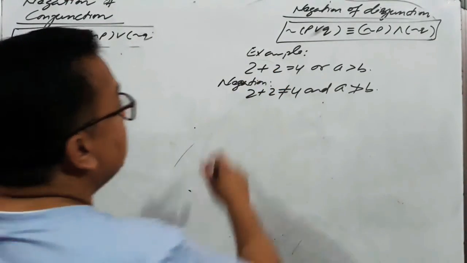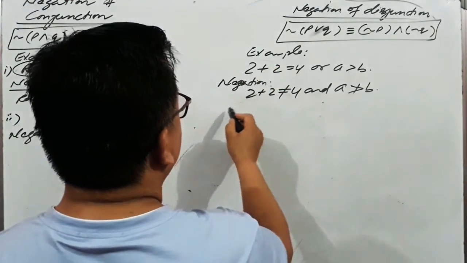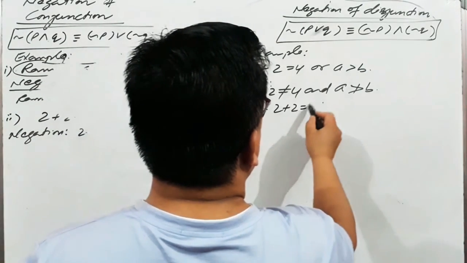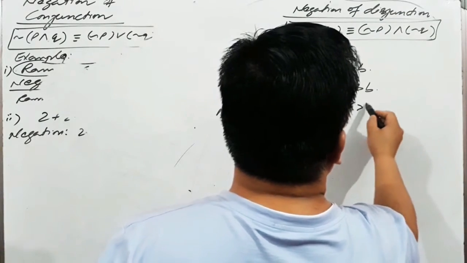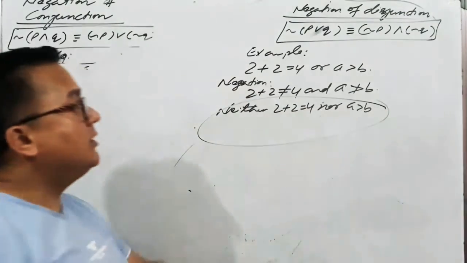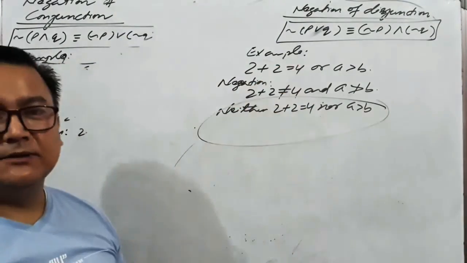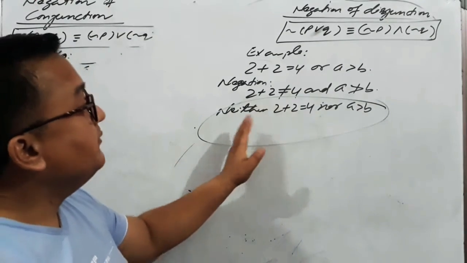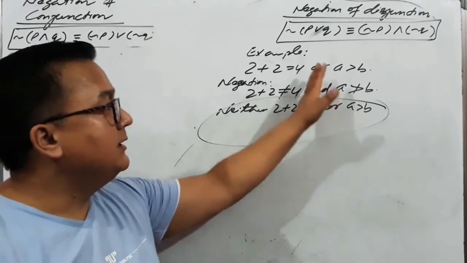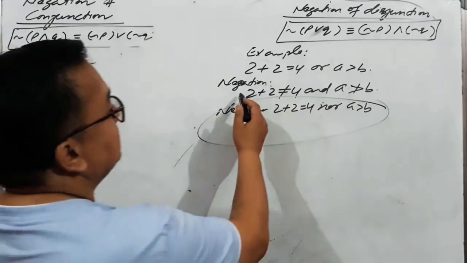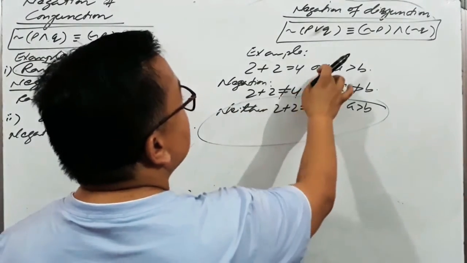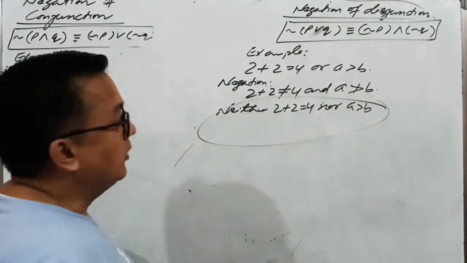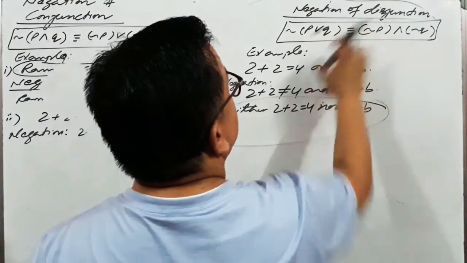Or you may write it another way: neither 2 plus 2 equals 4 nor A greater than B. This will also work. Or simply write 2 plus 2 is not equal to 4 and A is not greater than B, because this is logically equivalent.